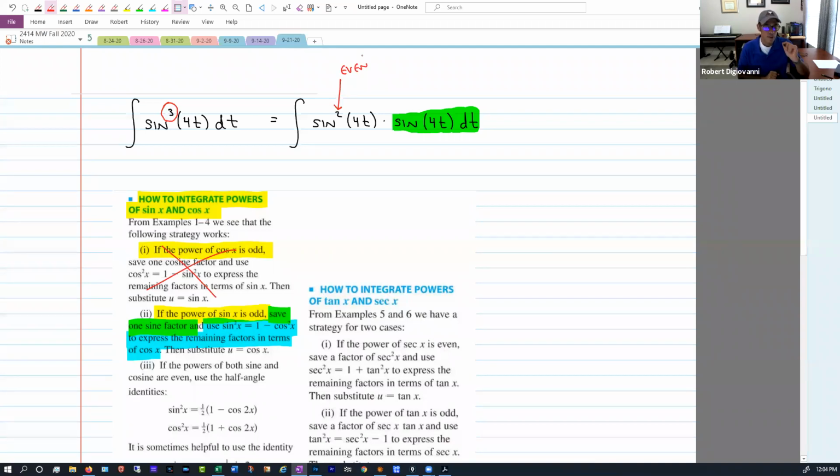Now, this relationship, sine squared x plus cosine squared x equals 1, that Pythagorean identity is a relationship between sine and cosine when you have sine squared or cosine squared. Let me ask you, does this formula extend to evens? Can you just change that to the fourth and it's still equal to 1?